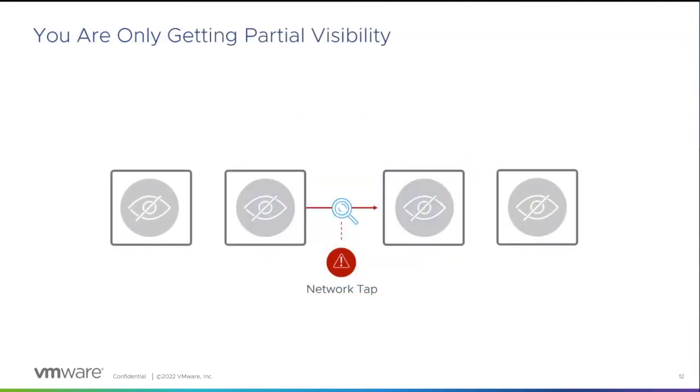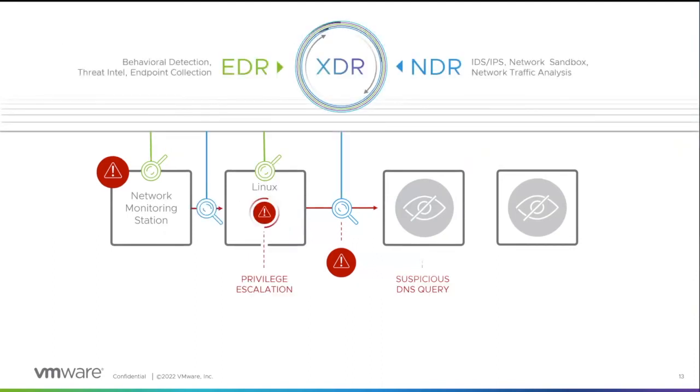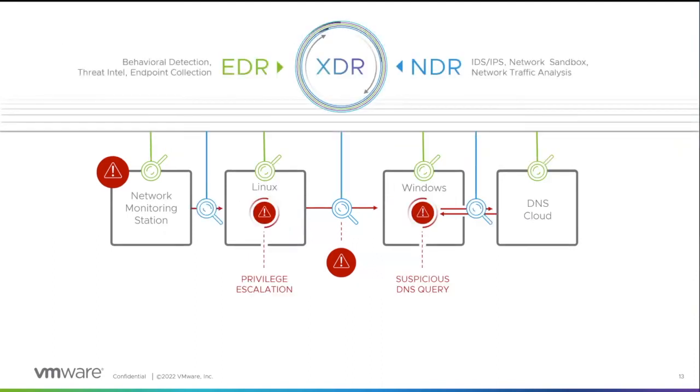So now if we go back to that example I gave in terms of the network tap and the monitoring station, how do we expand across that? By combining Carbon Black's EDR with our NSX and Lastline NDR, we can see very rich telemetry from additional locations.